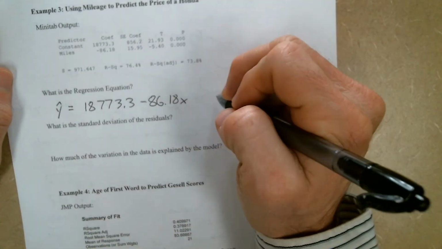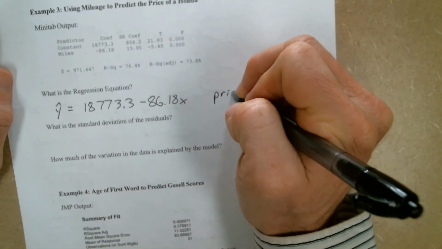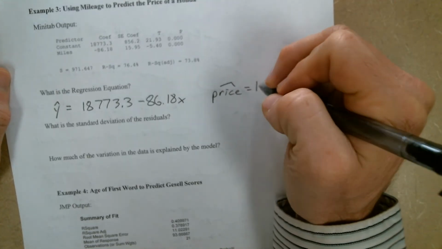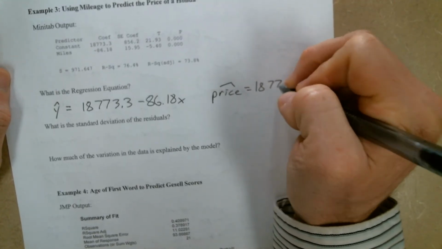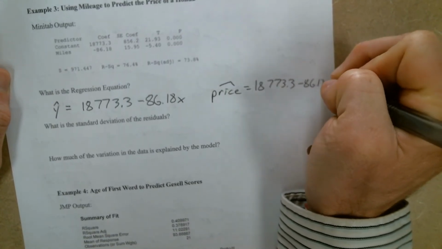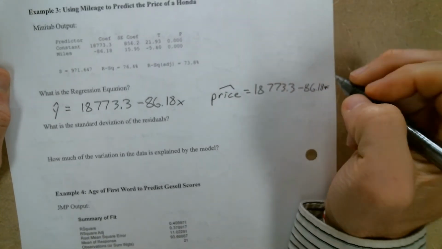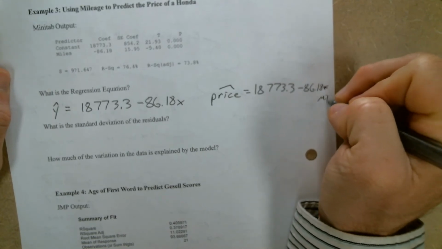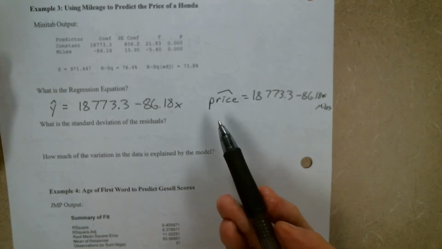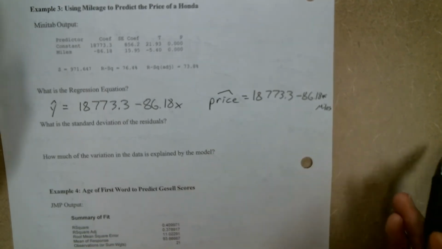So this is using mileage to predict the price of a Honda. So write it like this: predicted price equals 18773.3 minus 86.18 times miles. All right, and then that makes your equation a little more readable so that people understand what it's saying.